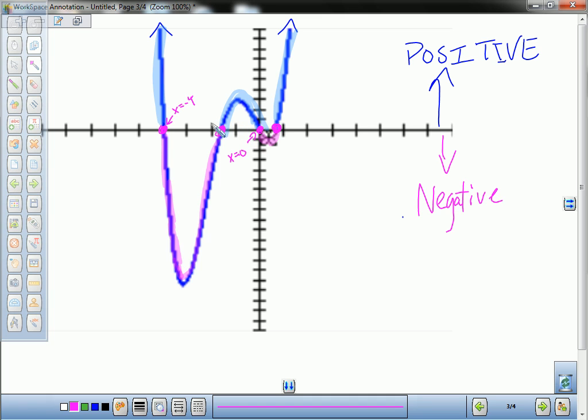Well, if this is negative 1 and this is negative 2, what would you estimate this one to be? 1 point what? Okay, I like it. 1.8. All right. What about this one? If this is 0 and this is 1, what would you estimate this one to be? All right, I like it.